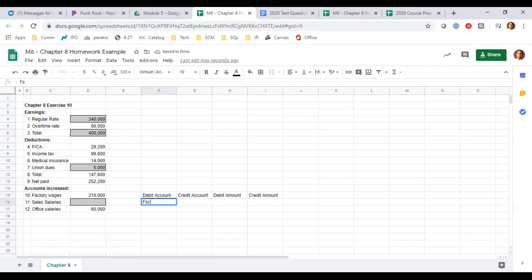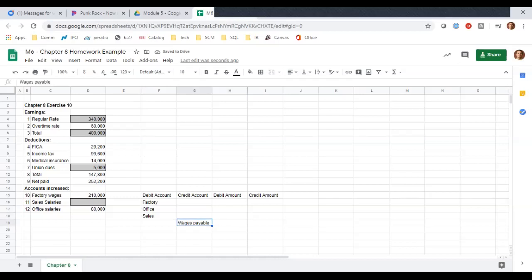So let's do factory, office, and sales. And then here we have wages payable. Okay, we haven't paid them yet, so we're creating a liability. We know that our total wages are 400,000, so we know that our credit amount is 400,000.